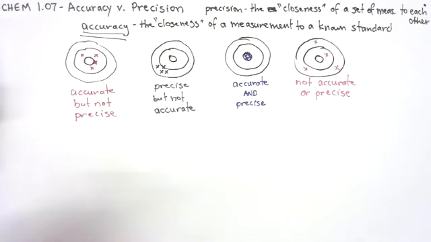So for example, when I worked as a chemist, we had outside companies that would come in and do calibrations on our scales to make sure we were weighing things correctly. If you put a 10-gram mass on a scale and it read 9 grams, then everything we were doing in the lab was going to be inaccurate. And we're really going to focus the rest of our time on accuracy and how that relates to data.